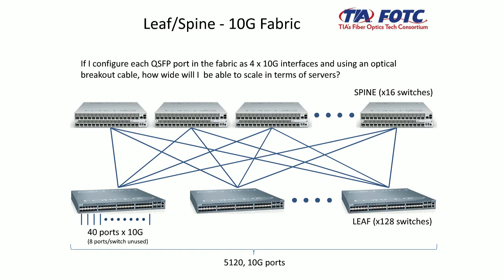So in this case, instead of having 4 spines and 32 leaves, I can have 16 spines and 128 leaf switches. It's a scaling thing. The ability to do breakout gives the architect the ability to scale the fabric horizontally, so I can have more spine switches. This is a macro trend that we're seeing in data centers, more fiber, hyperscale data centers in particular.